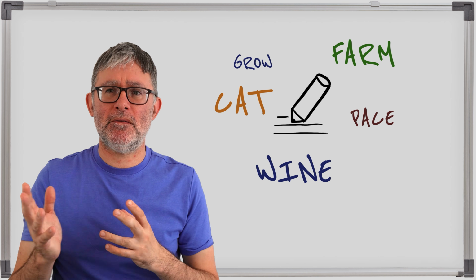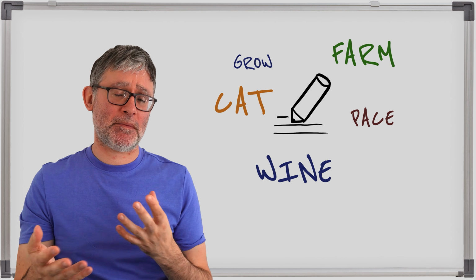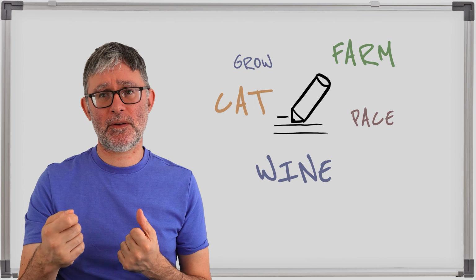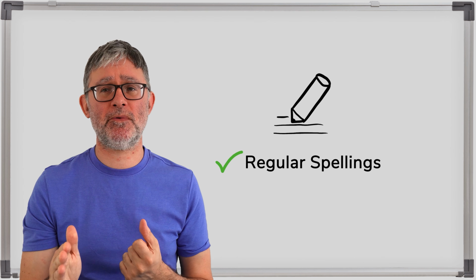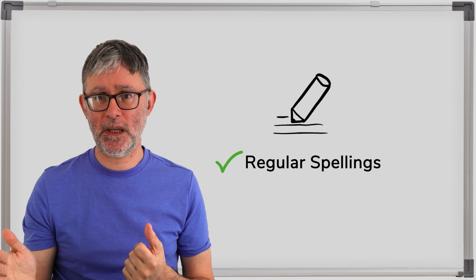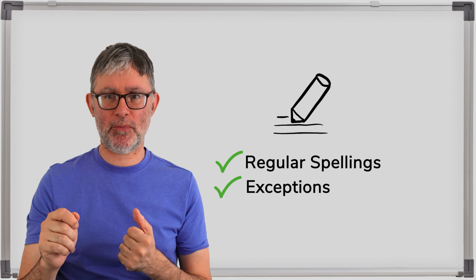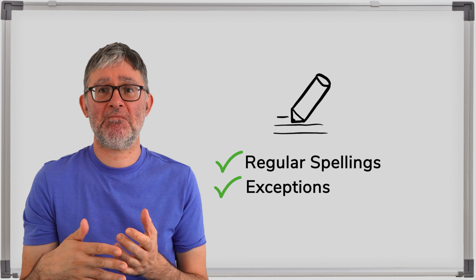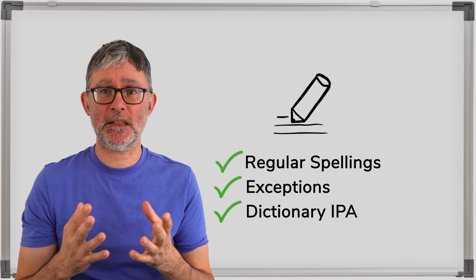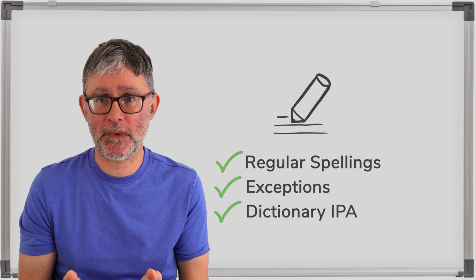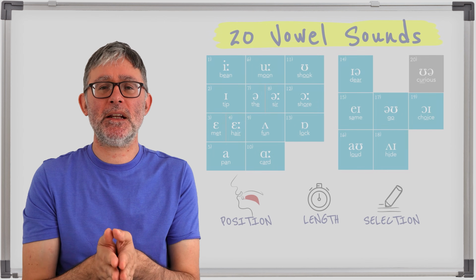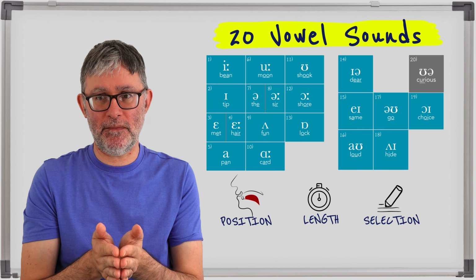I won't go into these in this lesson, except to explain that the way to master sound selection is to learn the possible spellings for each sound, and then learn any exceptions. This way you'll know exactly what to pronounce, and if you don't, then using the IPA transcriptions in the dictionary will sort you out. So there you have it. The English vowel system is tricky.